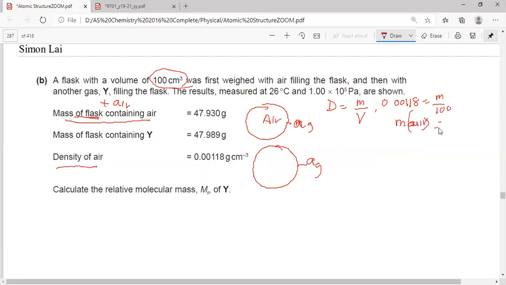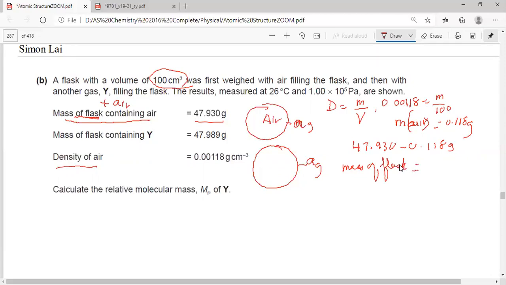is equal to 0.118 grams. So if I minus this from 47.930, I will get the mass of the flask.